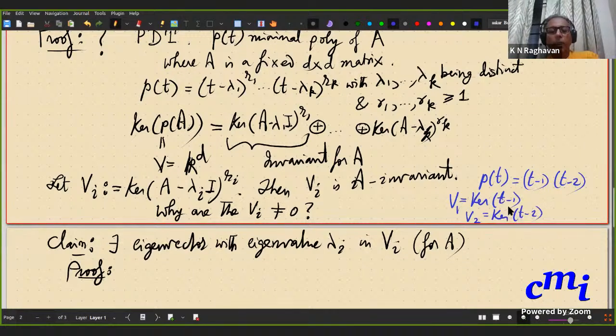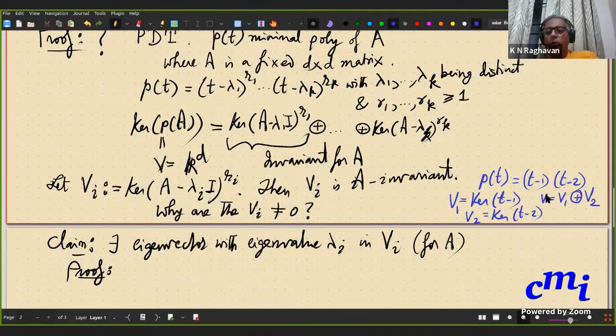Maybe I should put a capital T here, never mind. T acts as the matrix A. Whether I write capital T, small t, or A, they're all the same thing. And so we have V is equal to V1 direct sum V2.